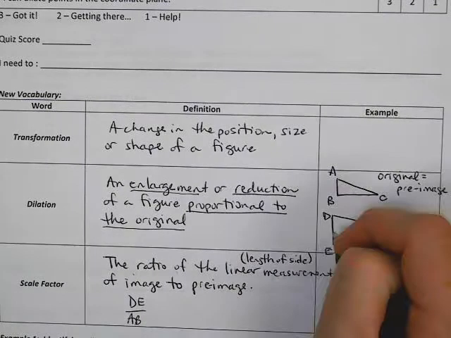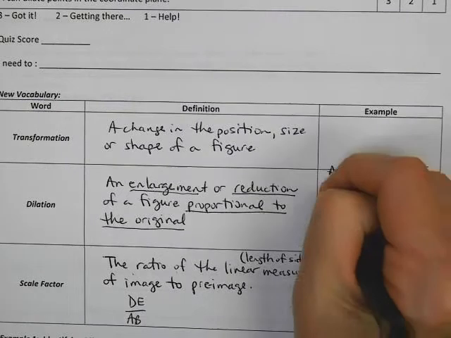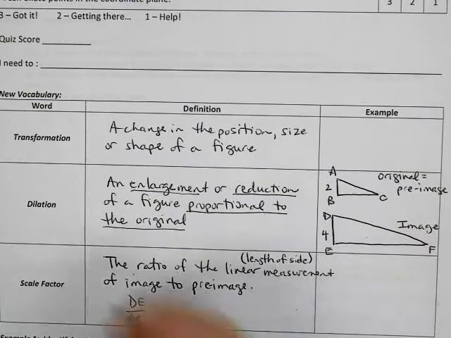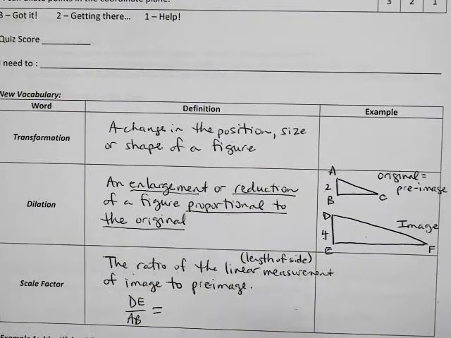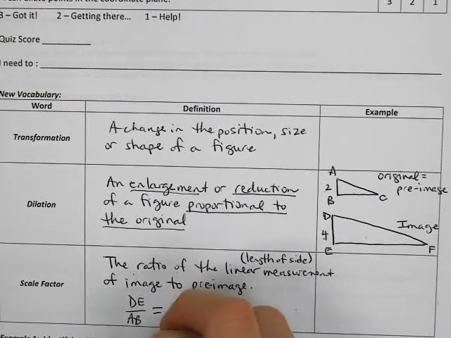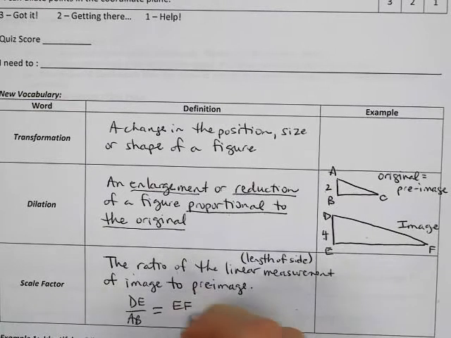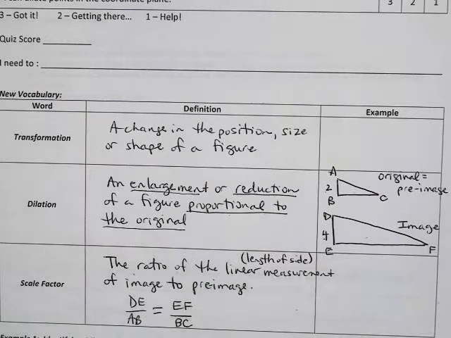That should represent my scale factor. So for example, if this is 4 and this is 2, my scale factor would be 4 over 2, which is 2. Now, if it's proportional, those have to be the same. So therefore, EF would be the same as BC.